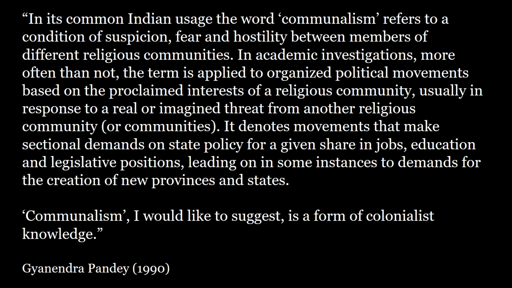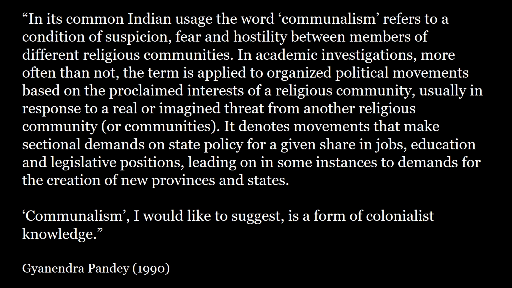And Gyan Pandey, who's a subaltern studies scholar, writes a lot about this process. And he argues that communalism, which refers to the relations between religious groups, is a specifically colonialist idea because religious difference takes on a different meaning in European context. The history of pre-colonial religion in India is extremely difficult to get at because so much of the historical record that we have is a colonial record.